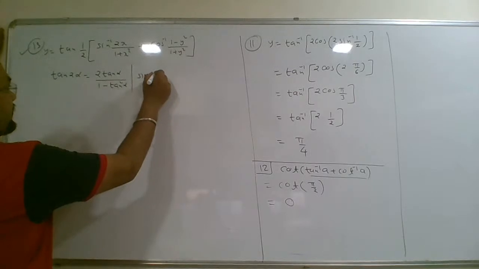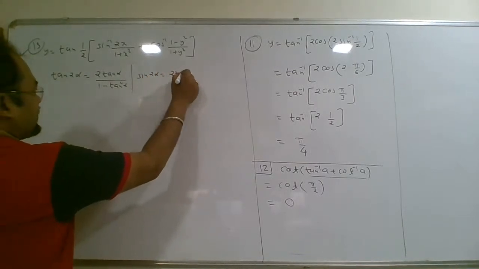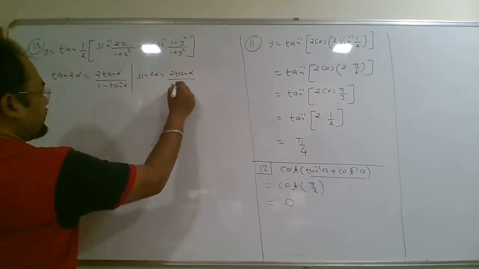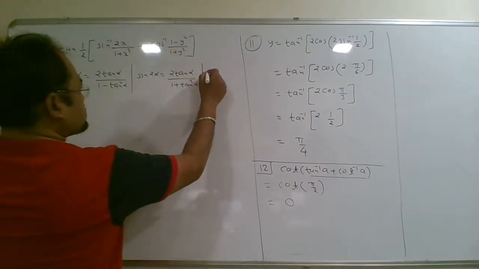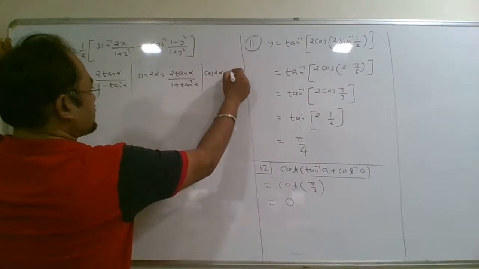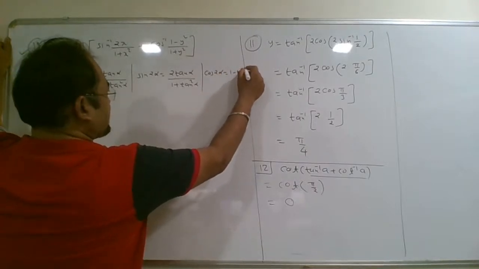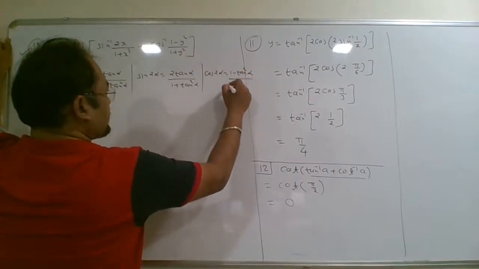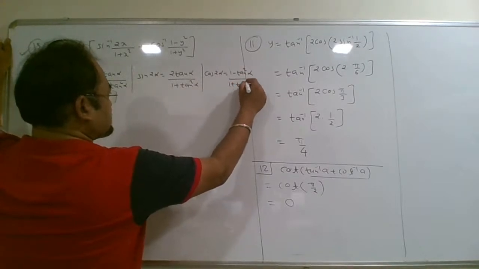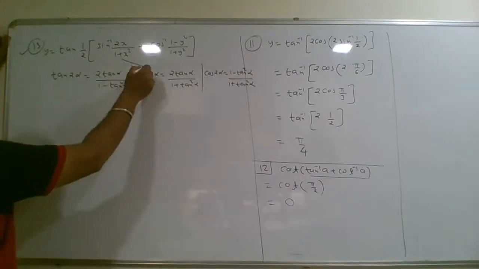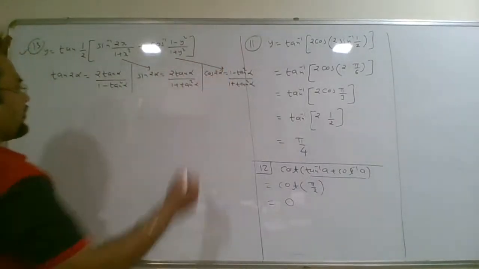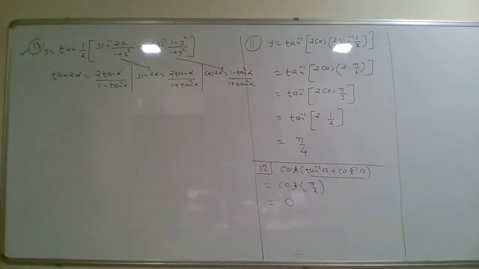Formula of sin 2 alpha: sin 2 alpha is 2 tan alpha upon 1 plus tan square alpha. And formula of cos 2 alpha is 1 minus tan square alpha upon 1 plus tan square alpha.